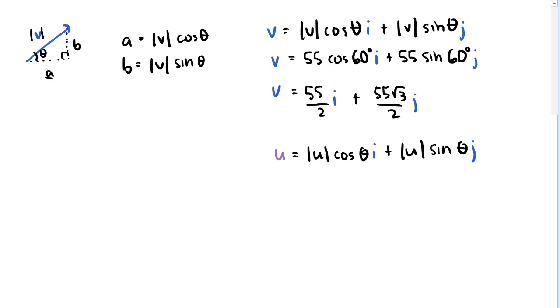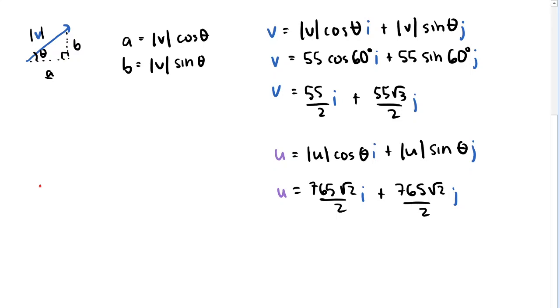The magnitude is 765. Cosine of 45 degrees is the square root of 2 over 2, and sine of 45 degrees is also the square root of 2 over 2. This is our component form for our plane vector before it's influenced by the wind.